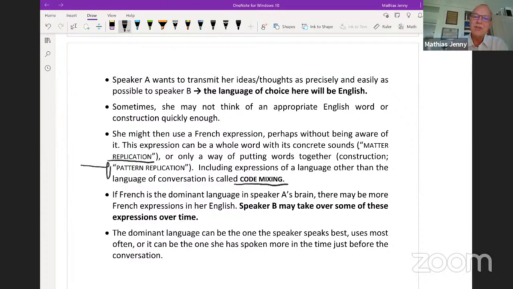Also, if she just was hanging out with her French-speaking friends and spoke French for 2 hours, and now she's meeting an English-speaking friend, then French will be the temporarily dominant language. And in both cases, there will be more code mixing of French into her English.